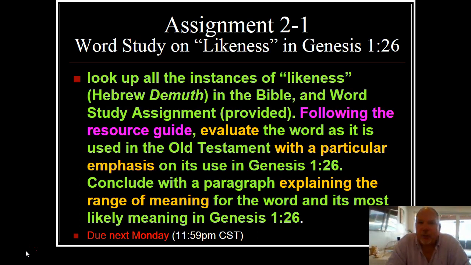So I want you to look up all the instances of likeness, which is demut in Hebrew, in the Bible, and word study assignment provided. There are multiple steps that I'm wanting you to go through to complete your word study.